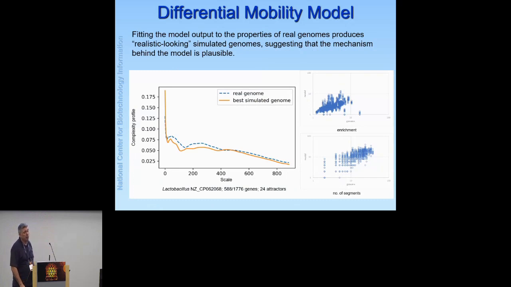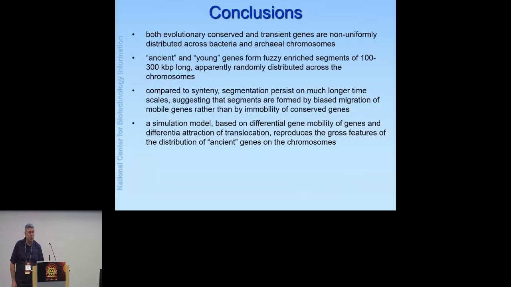This is a particular measure of chromosome structure, and I don't have time to go into details. Multi-scale complexity profiles and the peaks and valleys on these profiles tell you about the characteristic structural scales. So the simulated data actually pretty closely follow the real one. This is one example, we have run it for everything, and this is what we see.